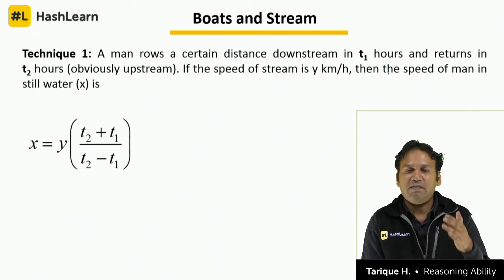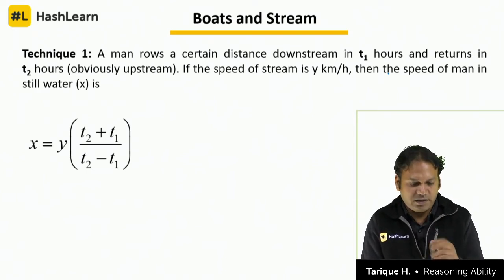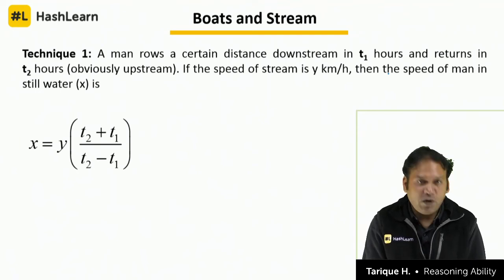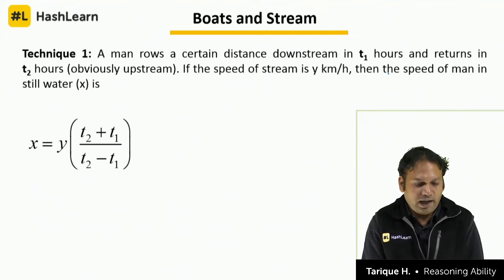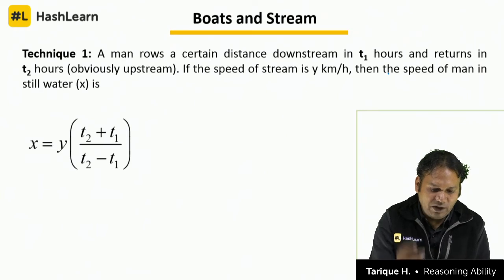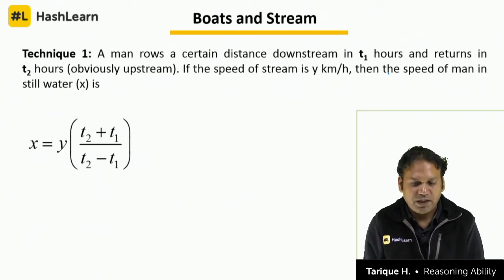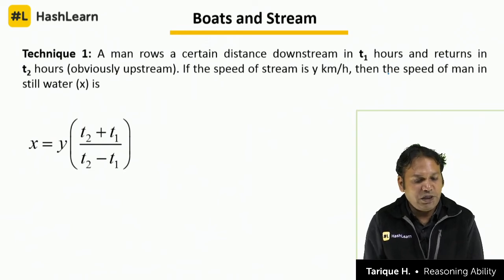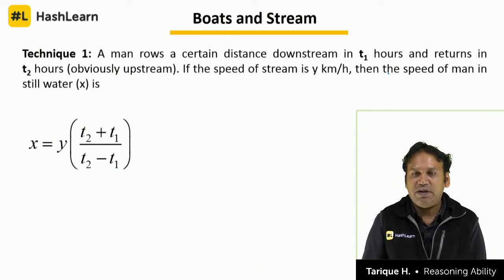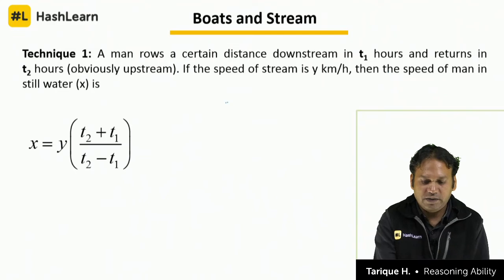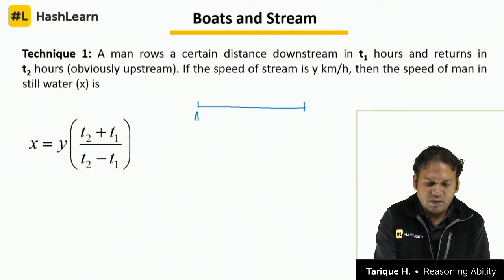So, 3 techniques one by one I have on this screen. Right now we are looking at technique number 1 and the formula there. So, what is technique 1? A man rows a certain distance downstream in T1 hours and returns in T2 hours upstream. When he is going from A to B, he is taking T1 hours.